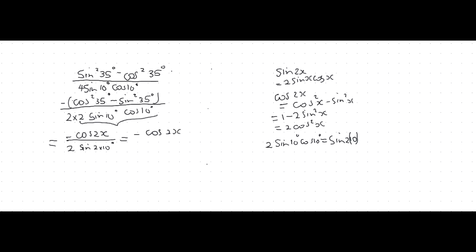Okay, sorry, now I wrote theta instead of 35. So this would be 35. Okay, even here, it's supposed to be 35. So I'll just multiply it. So it's going to be 70 degrees divided by. So now we have 2, then sine 2 times 10 is sine 20 degrees.